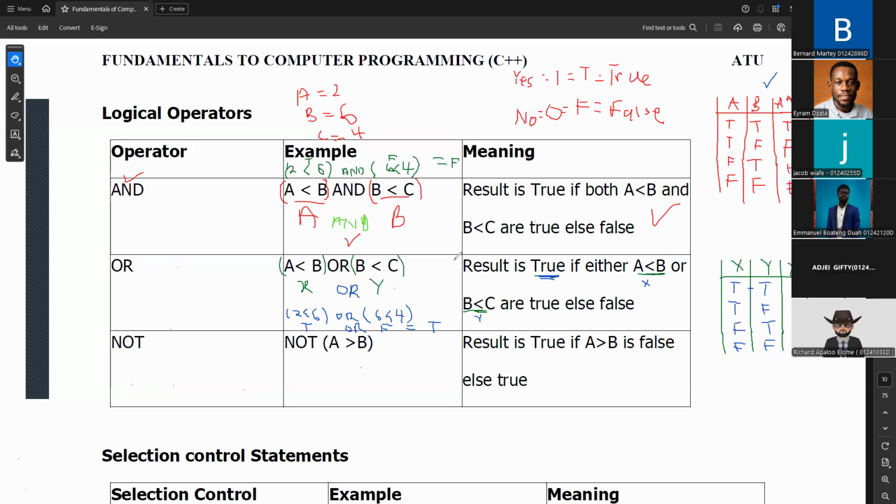Okay, thank you very much, sir. I wanted to ask a quick question. Since we are all basing on the less than sign, are there instances where, let's say for the AND gates, A is defined as A is less than B and B is greater than C?